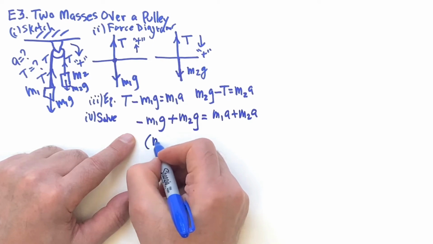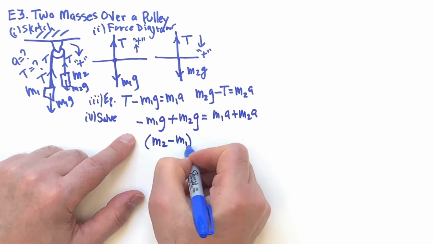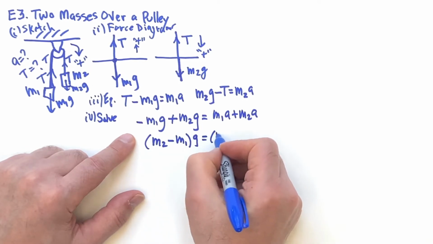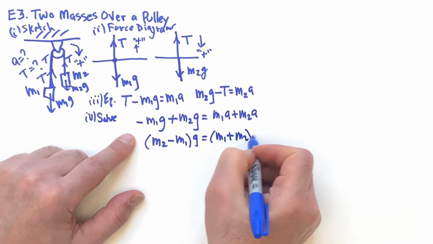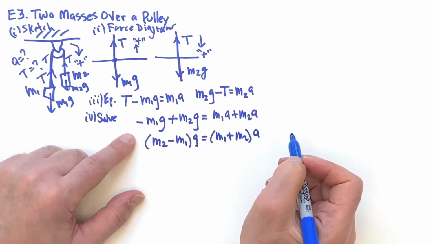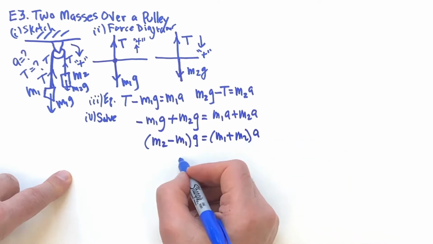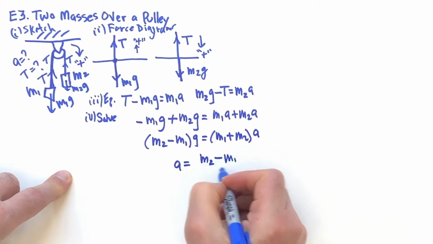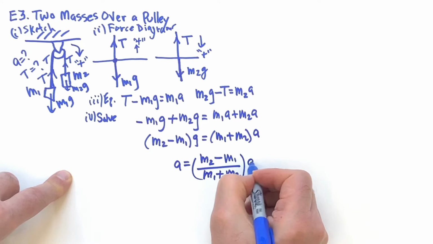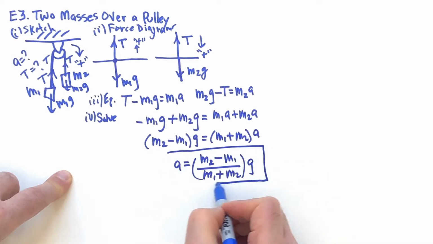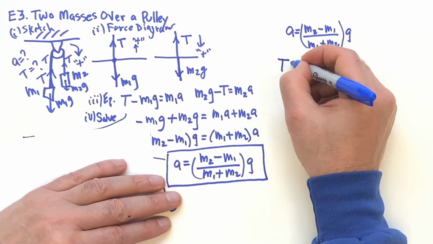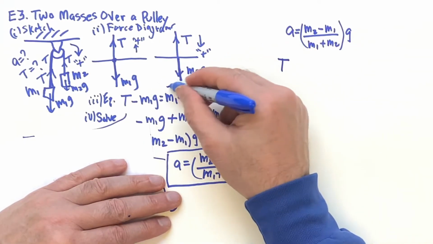Here we're finding M2 minus M1 can be factored with the G factored out like this, and here M1 plus M2 can come out, bring the A out rather. And then you have your answer that the acceleration is M2 minus M1 over M1 plus M2 times G. So that's the acceleration.